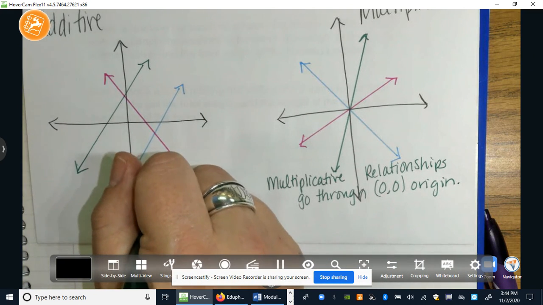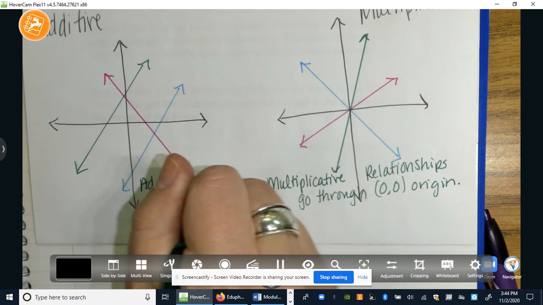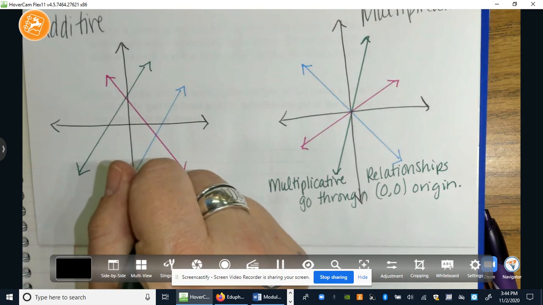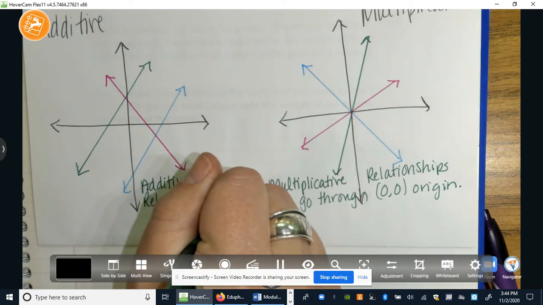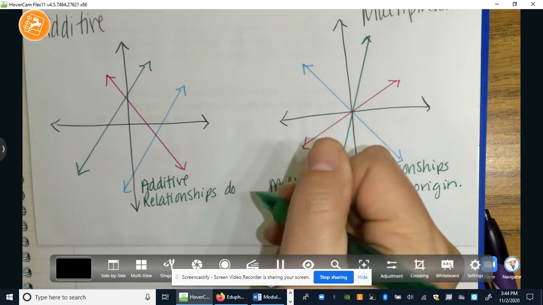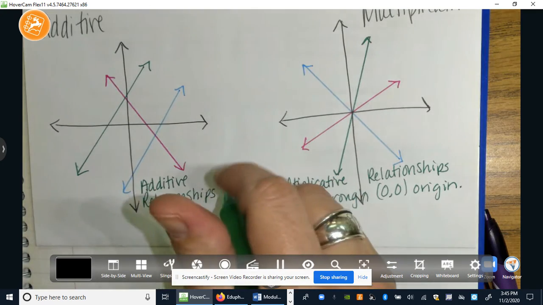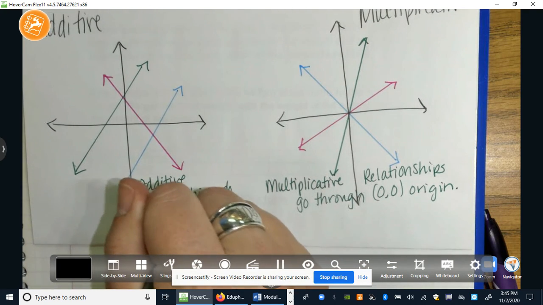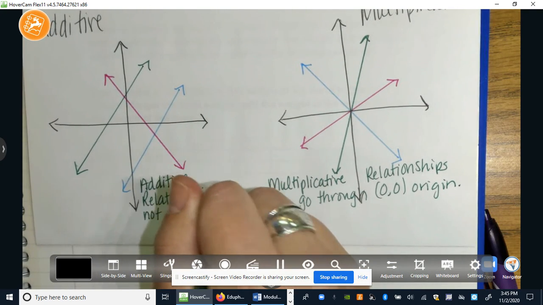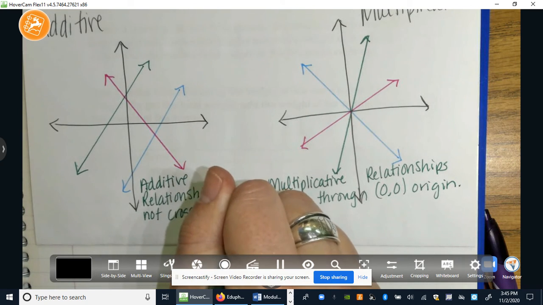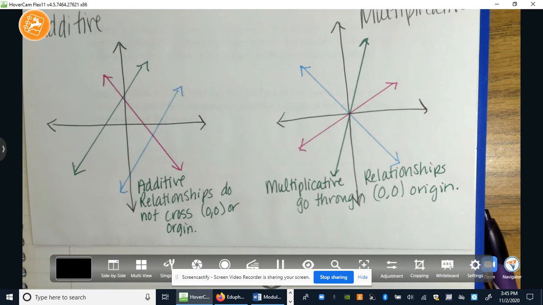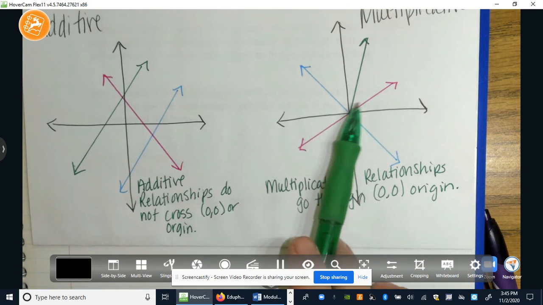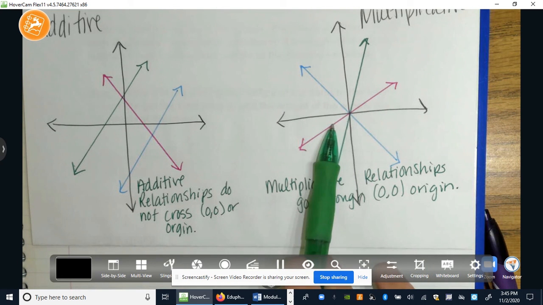Additive relationships do not cross 0, 0 or origin. And that is because any number times 0 is always going to be 0. Therefore, I know that this is multiplicative.